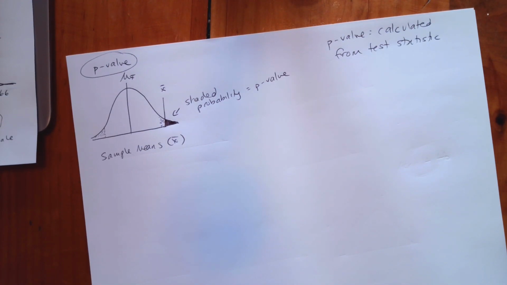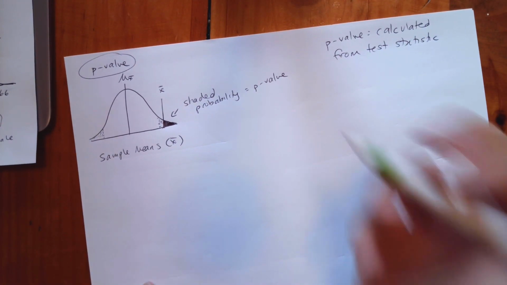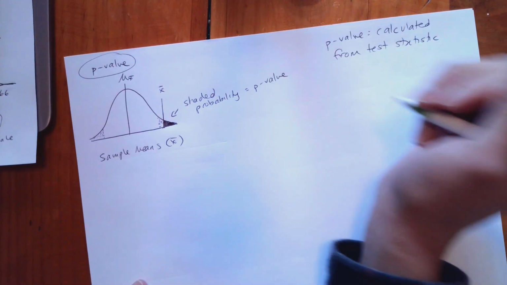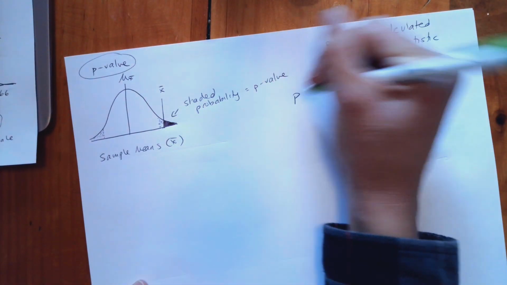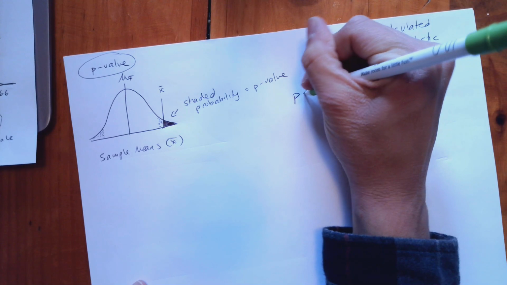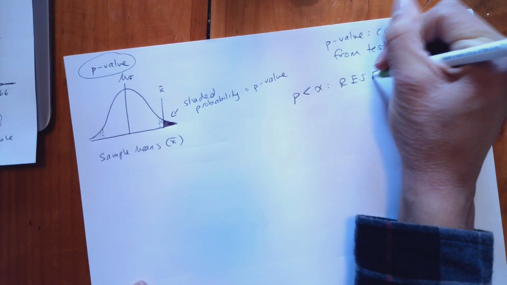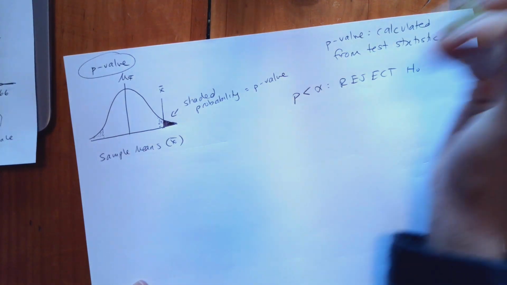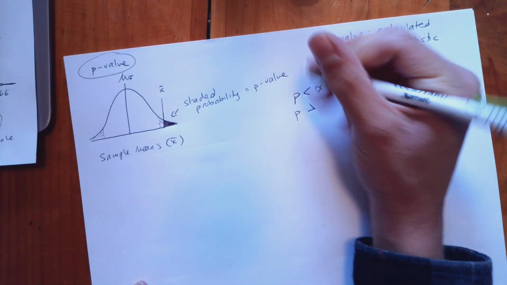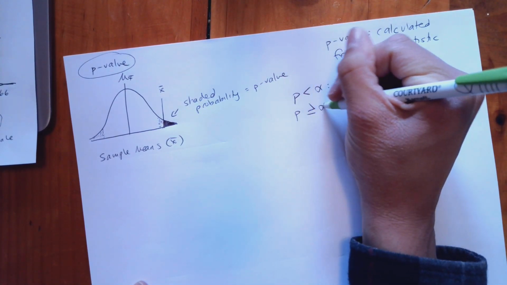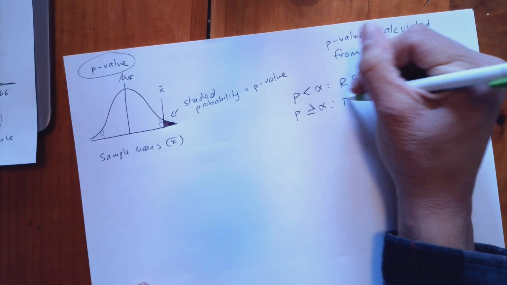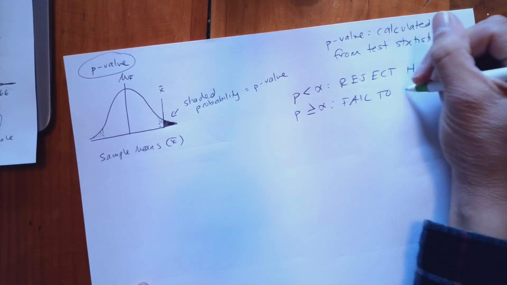As I also said in the slides, when it comes to deciding whether to reject the null hypothesis, there's basically a very simple rule that you can adhere to, which is that if your p-value is less than alpha, you reject the null hypothesis, and if your p-value is greater than or equal to alpha, you fail to reject the null hypothesis.